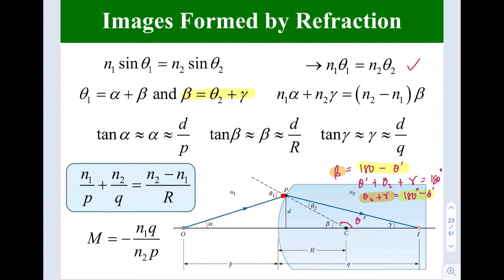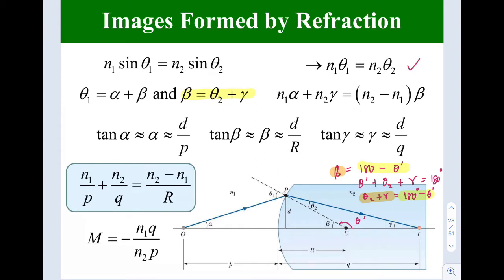Tangent beta is more or less beta, which is equal to d over R. And tangent gamma is equal to gamma, provided that the angle is very small, which is equal to d over q, from this triangle.